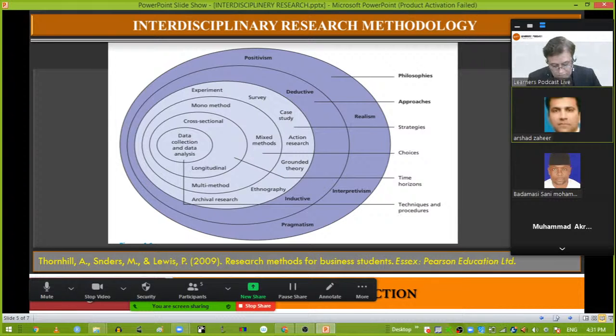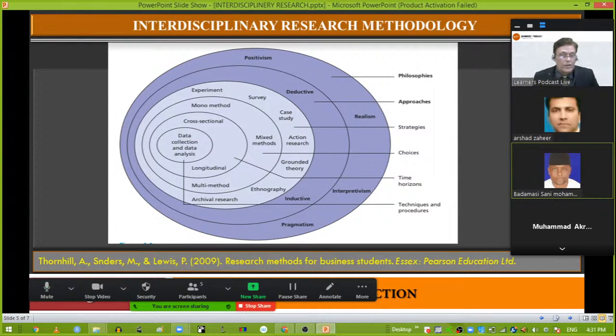And finally, we use different techniques and procedures on the basis of the outer layers. That is a very brief way to describe this research onion. The research onion is the research methodology which guides us about the different layers and stages in order to conduct the research.